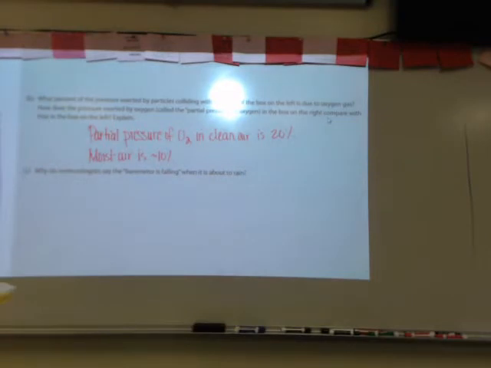Why do meteorologists say the barometer is falling when it is about to rain?